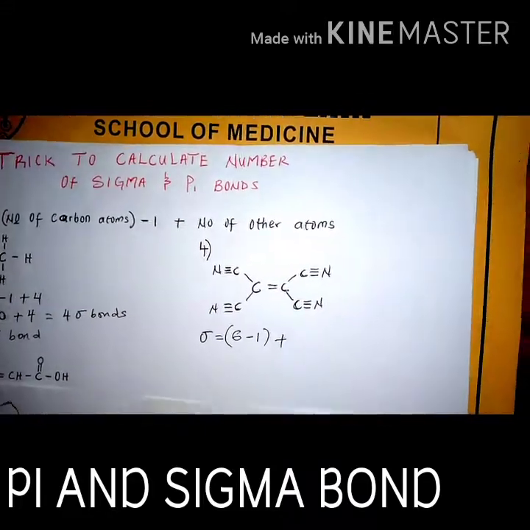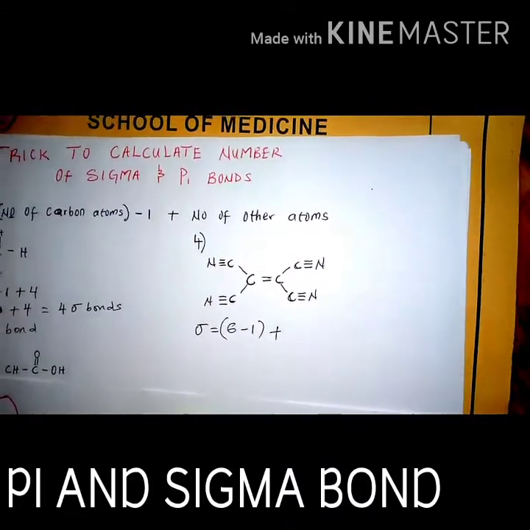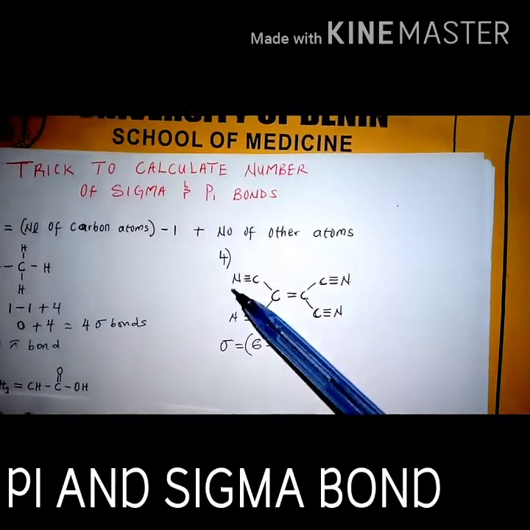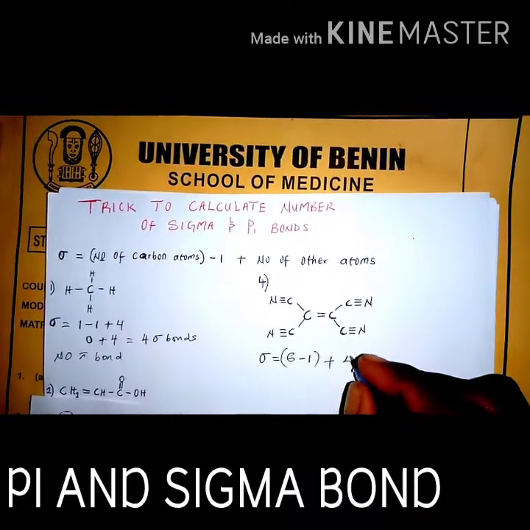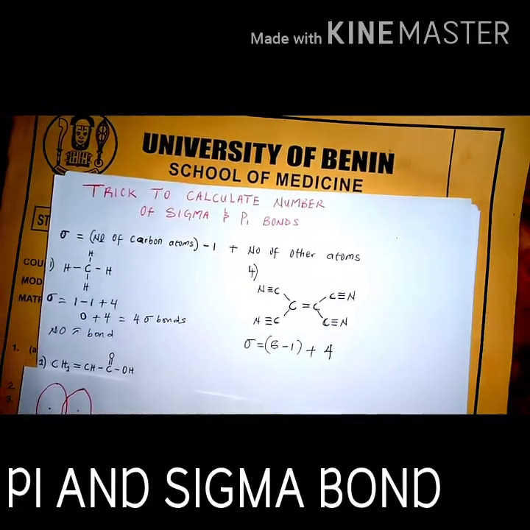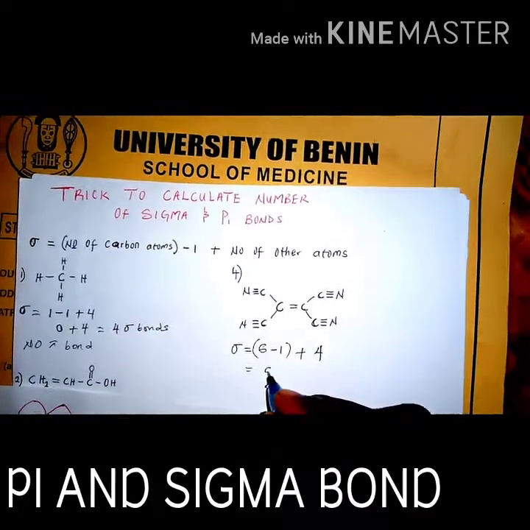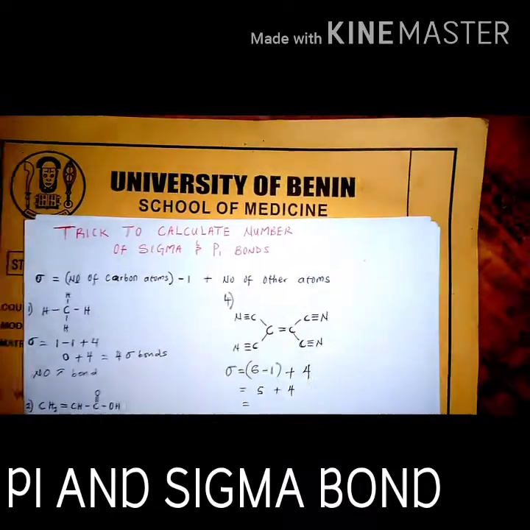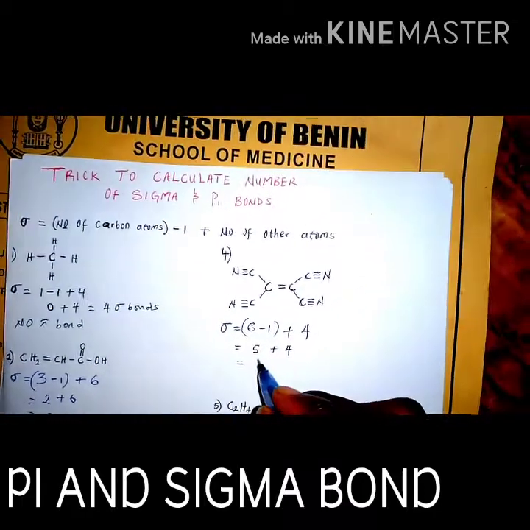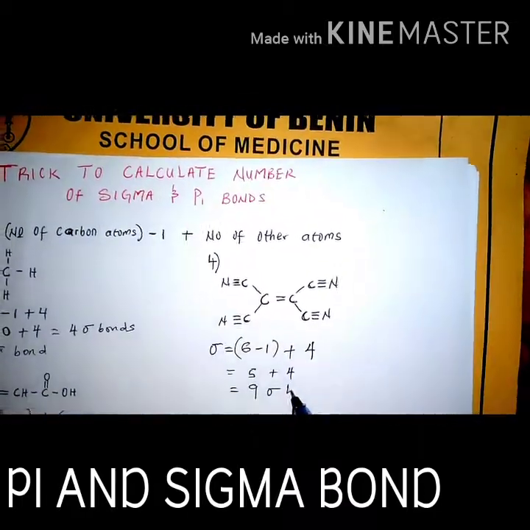Now what are the other atoms here? Nitrogen. So how many nitrogen do we have here? 1, 2, 3, 4. 4 nitrogens. I bring it down. 4 nitrogens. So 6 minus 1 should give you what? 5 plus 4. So how many sigma bonds do we have now? We have 9 sigma bonds.